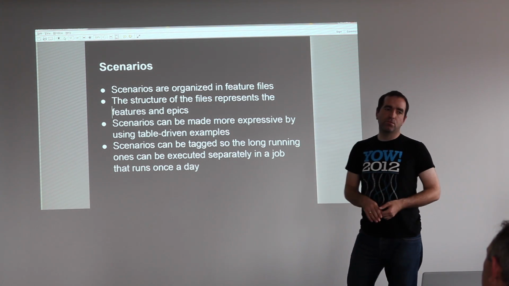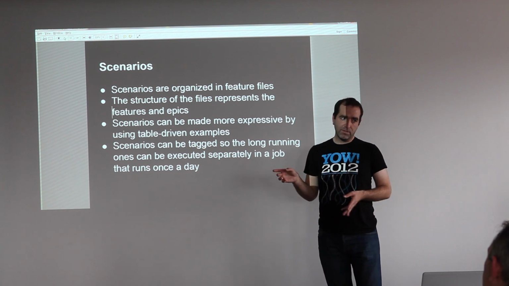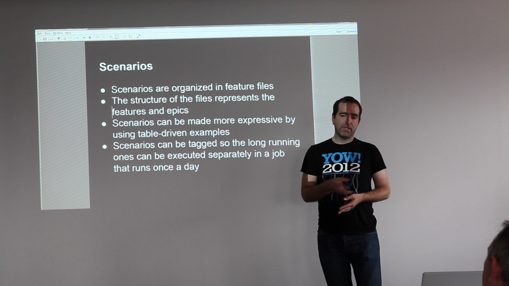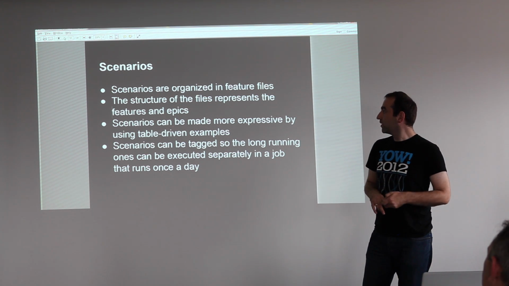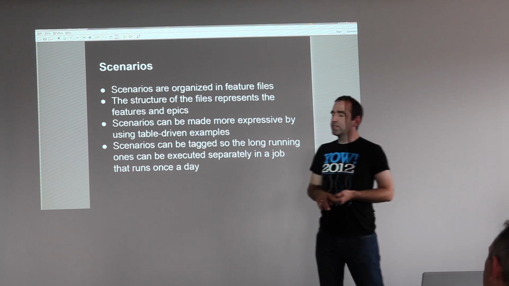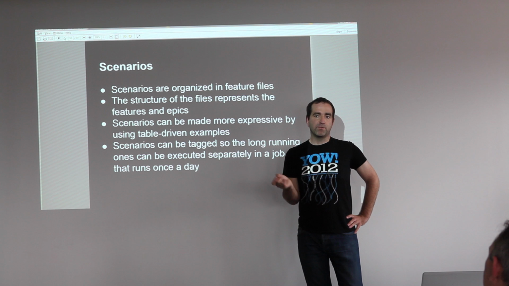Gherkin allows you to use tables in the description, and by having tables you can put many examples one line after another, and it's more descriptive, more concise. Also each scenario can be tagged. You can put a tag, for example, this scenario needs a web browser.